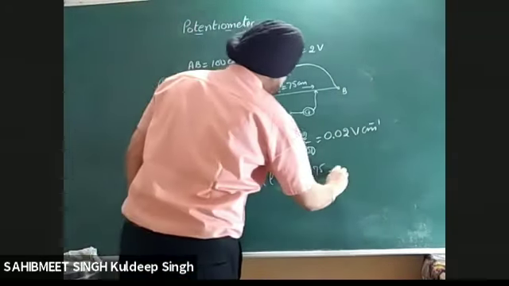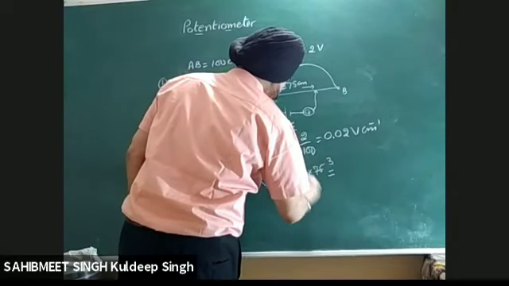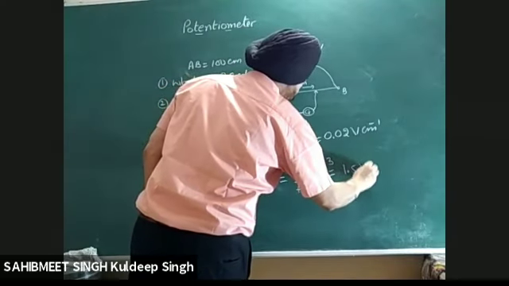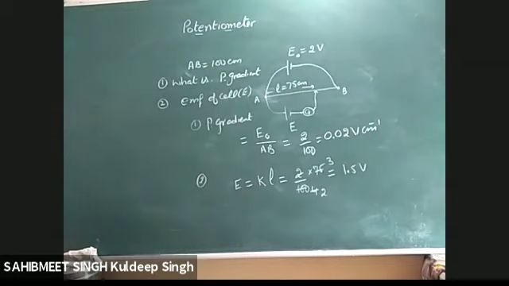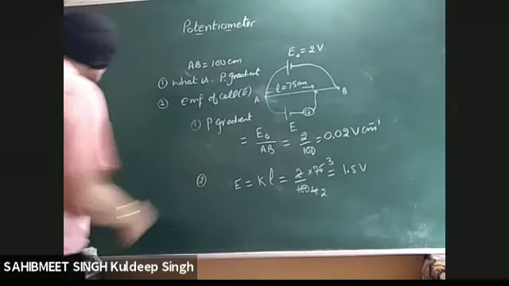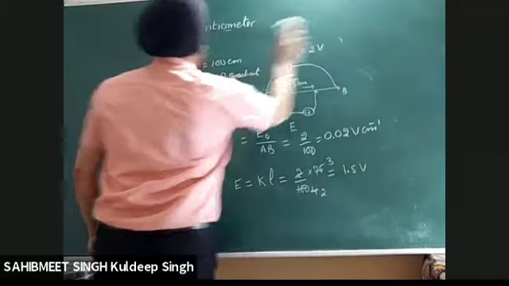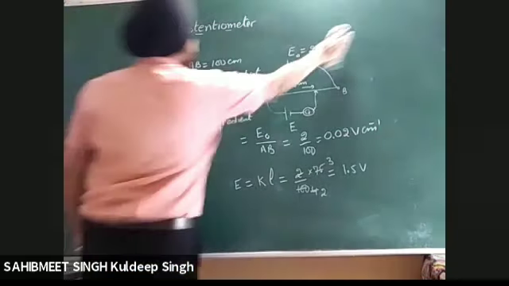On solving, I get 1.5 volt. Therefore, the EMF of the cell is 1.5 volt. So this is a very simple numerical, it is just the application of the principle. Let us do another numerical, a little bit of higher order.